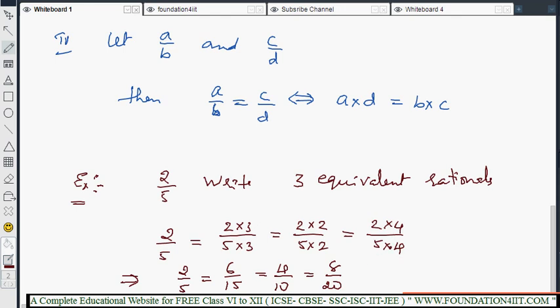So the 3 equivalent rational numbers for 2 by 5 are 6 by 15, 4 by 10, 8 by 20.